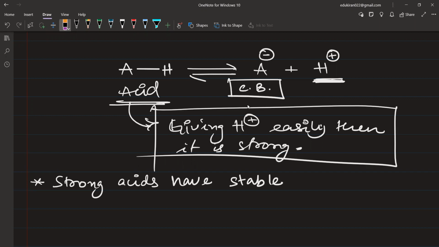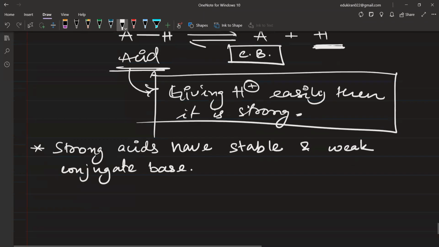Now, please see what I said. If A negative is unstable, it is going to attack on H plus and act as a good base. But if my A negative is stable, it is not reacting anywhere. It is not going towards H plus, and it is not acting as a base. That is why I will say it is a very weak base. Strong acids have stable and weak conjugate base.